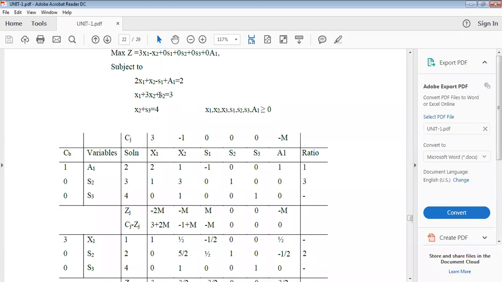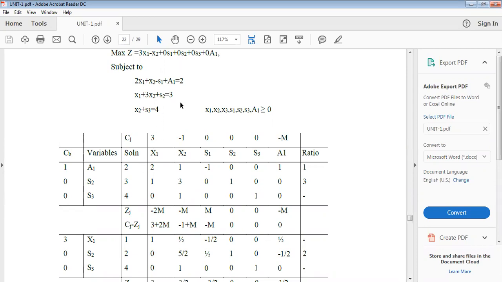Next, x1 plus 3x2 plus S2 is equal to 3: 1 for x1, 3 for x2, 1 for S2, and 0 for S3 and A1, since artificial variables are not there. The third equation is just x2. x1 is not there, so instead of x1 we mark 0. This is 1, and 0, 0, S3. Like this, these are the 4 values.